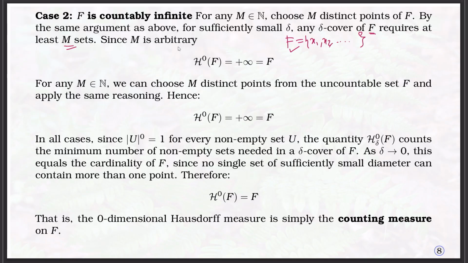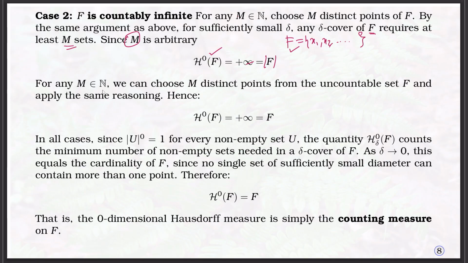Since m is arbitrary, H 0 of F is equal to plus infinity. Therefore the 0 dimensional measure of F is infinity, which is equal to the cardinality of the set F, since the number of elements is infinite.